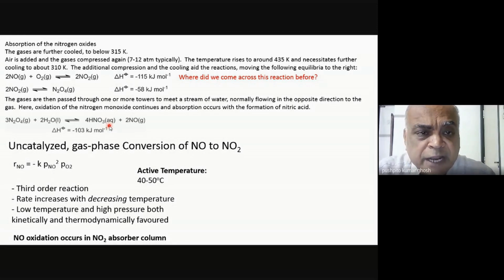Now, this reaction of NO going to NO2, which we'll be discussing a bit more, is a very interesting reaction. It's a third order reaction. We of course didn't discuss these when we were talking about the chamber process. And interestingly, this is one of the rare cases where the rate actually increases with decreasing temperature.